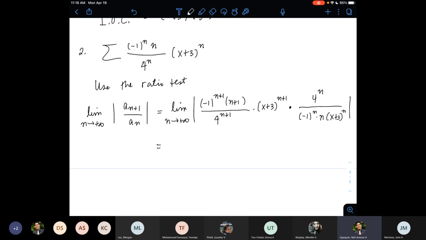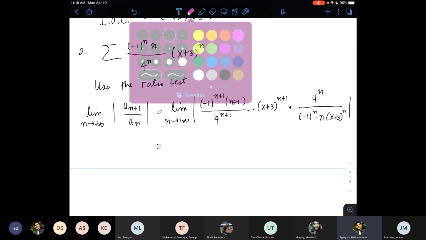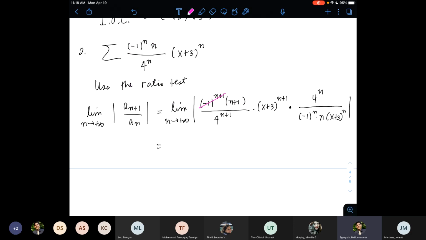Now, let's see. Actually, the negative ones will not matter, right? The powers of negative 1 won't matter because we are inside the absolute value. But if you want to be strict about it, if you do the cancellation here, you will have a negative 1 left. But that negative 1 is inside the absolute value bars, so that won't matter anymore. So you'll have a positive 1 instead.